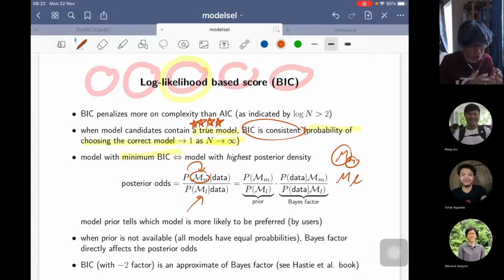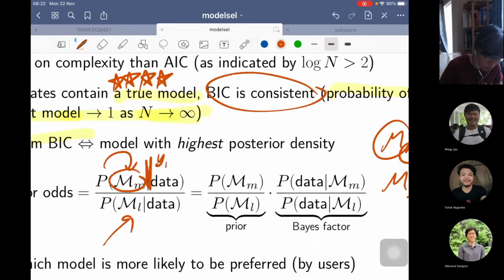It is a conditional probability of this model, given that you have observed these data, which means given the values y1 through yn that you collected from the measurements.